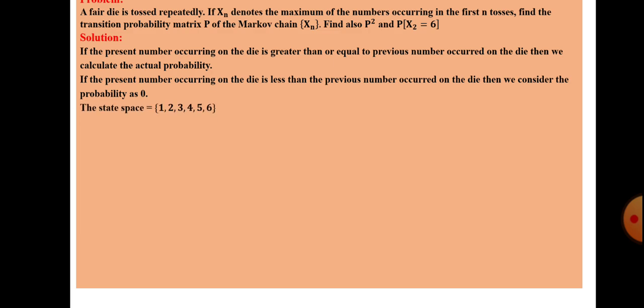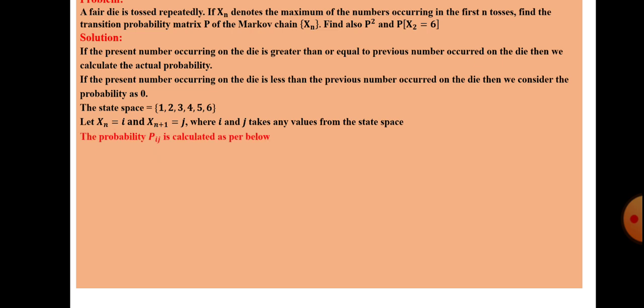The state space is 1, 2, 3, 4, 5, 6. Xn is i, and Xn+1 is j, values of the state space. The probability Pij is calculated as below. If j is less than i, then Pij is equal to 0.